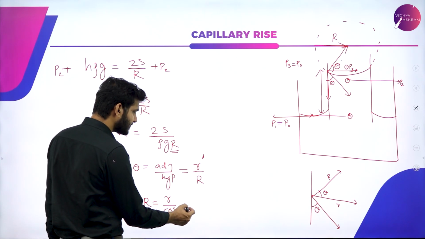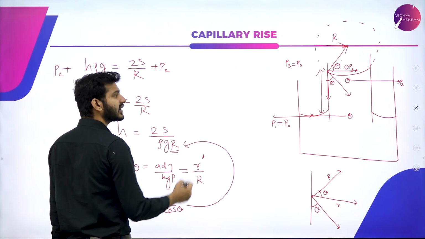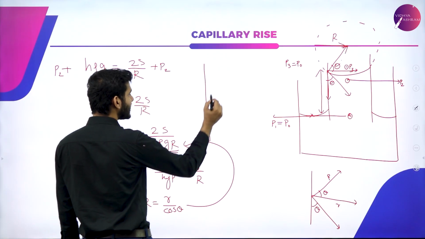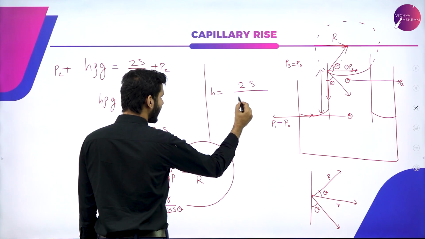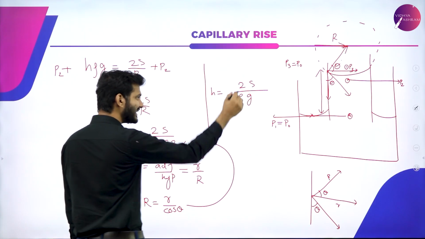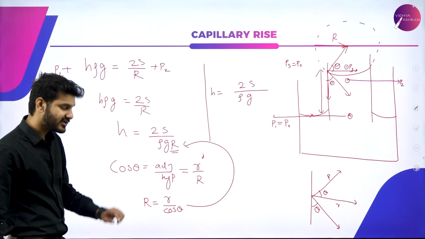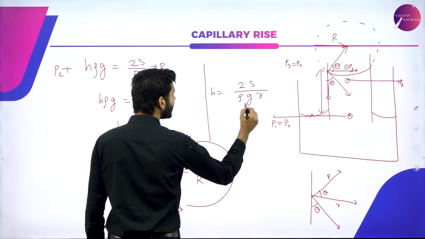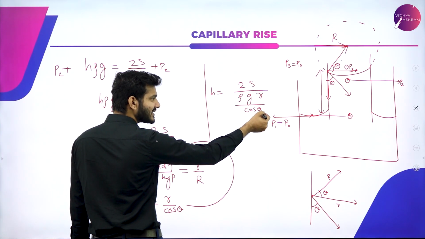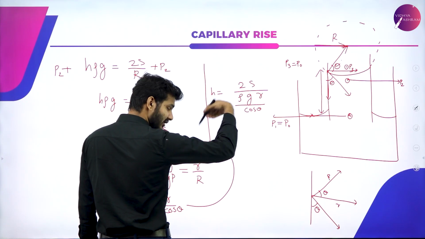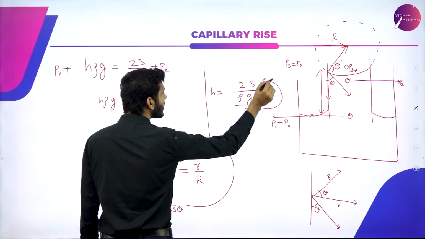So we can substitute this in the result, which means that h is equal to 2S divided by rho g, and instead of R we can substitute this result, that is r divided by cos theta. Since it is in the denominator, the cos theta will go upwards.